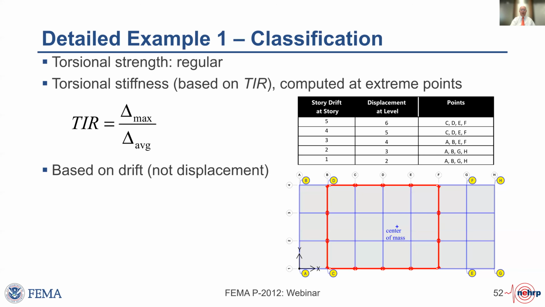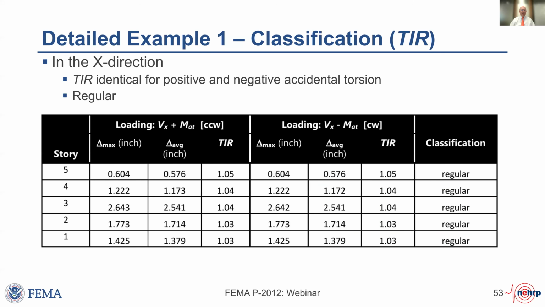And so we go through in the example and we apply static loads, and we include accidental torsional effects, either positive or negative. We have to consider both of those. Because there's some inherent torsion in the negative direction, applying the accidental torsion in the same sense is the worst consideration.